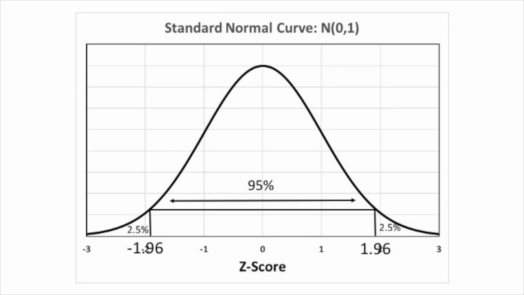Of course, we already sort of knew that because the standard normal distribution is symmetric. So if 1.96 corresponds with the top 2.5% of the distribution, then minus 1.96 will correspond with the bottom 2.5% of the distribution. So now we can go back to our standard normal curve and fill in these values. Where we had question marks before, I put in a 1.96 and a minus 1.96.